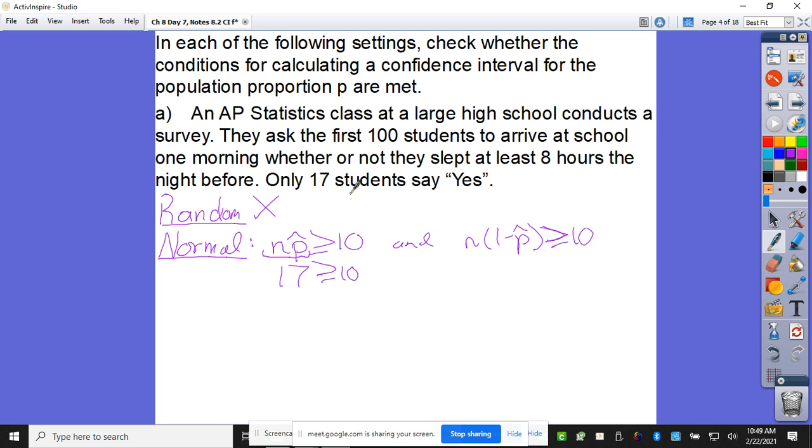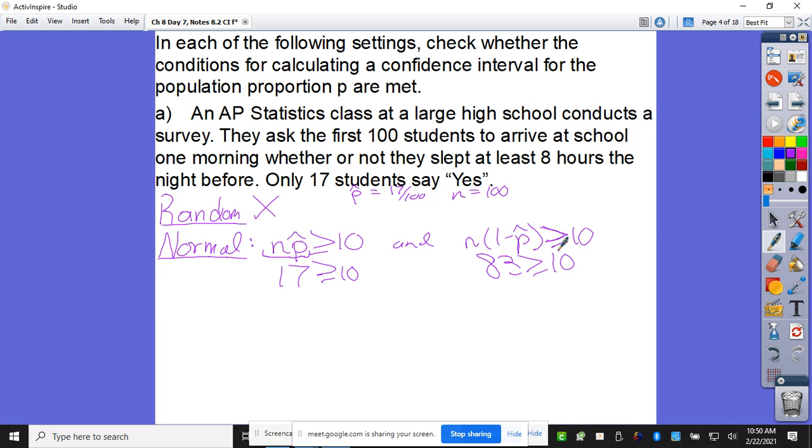Technically, p hat is 17 out of 100, and n is 100. But it told me how many successes there were. So how many are left for failures? Because it told me the 17, 83 is what's left over.